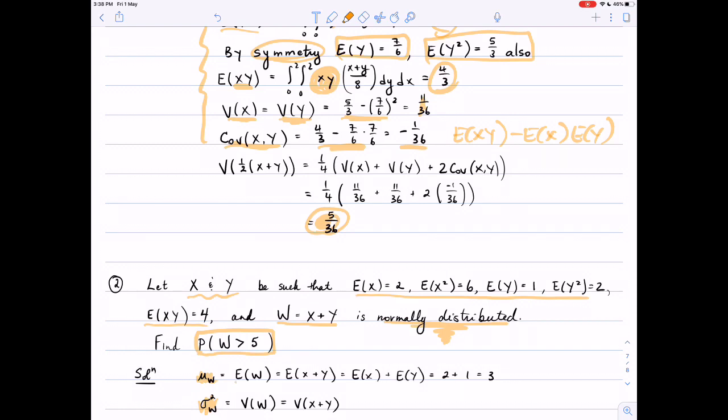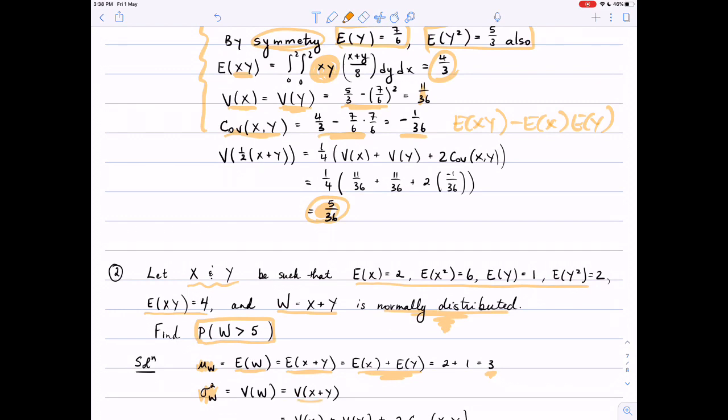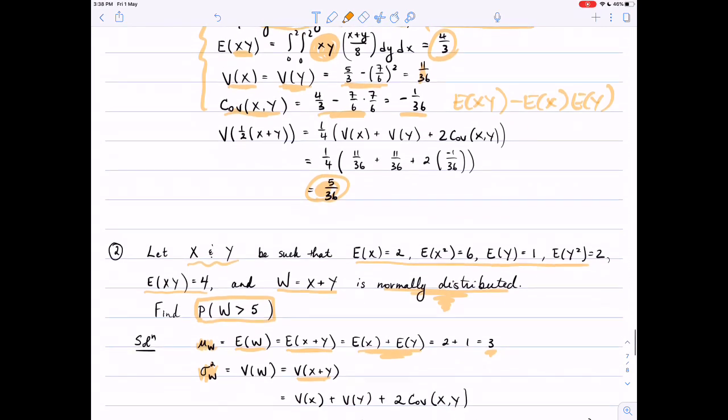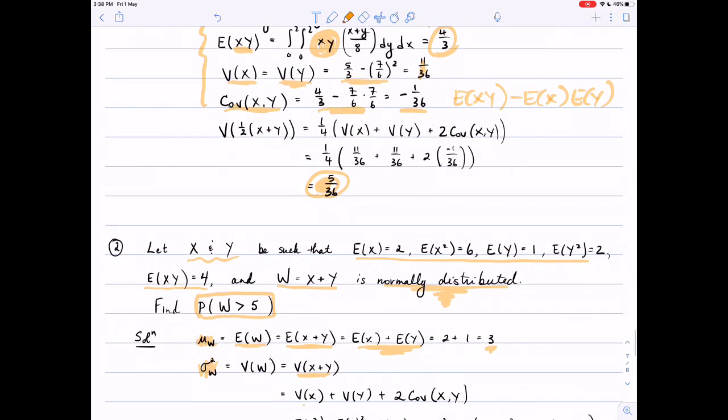So the mean of W is the expected value of W, which is the expected value of X plus Y. Using linearity, that just gives me 3. Now, the sigma squared, the variance of X plus Y, is a little bit more complicated because these are not independent variables.